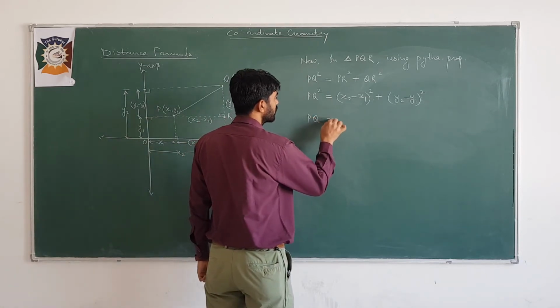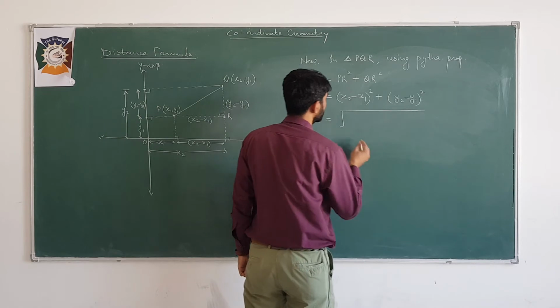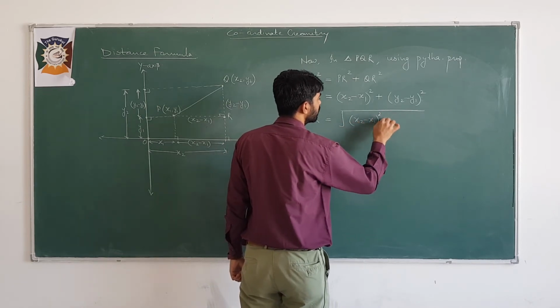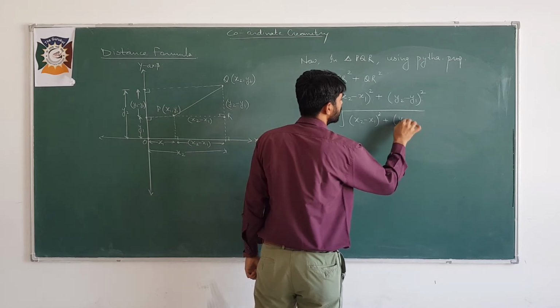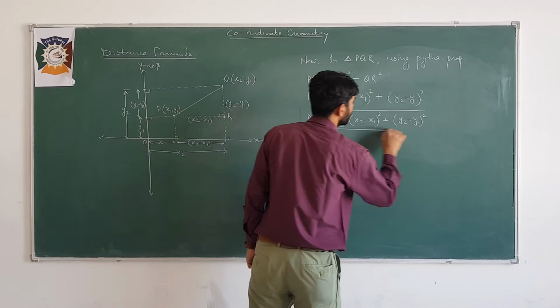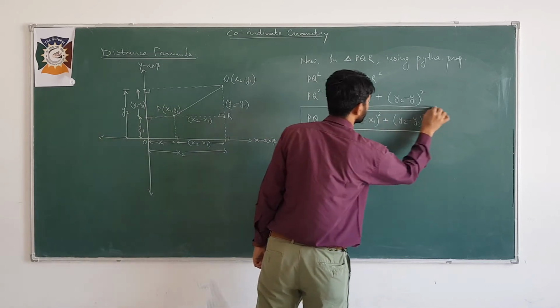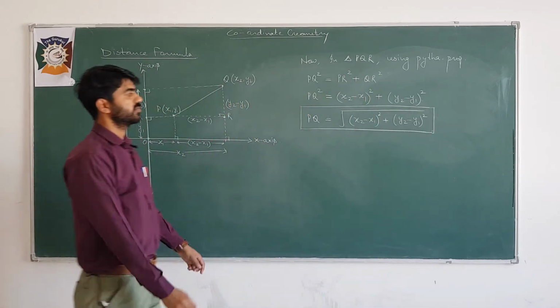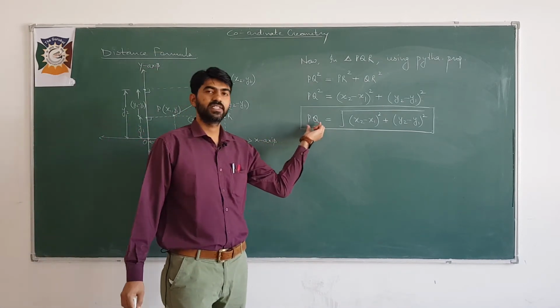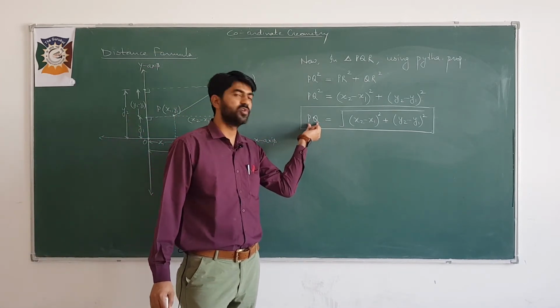Taking square root, it will become root over x2 minus x1 square plus y2 minus y1 square. So this is nothing but the distance formula. By using this formula, we can find the distance between 2 points.